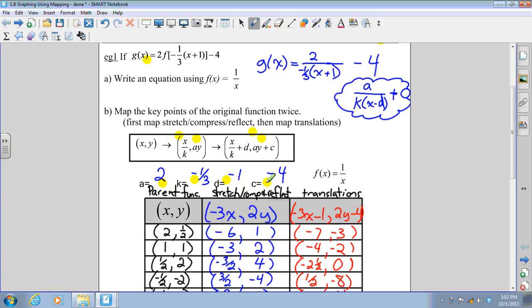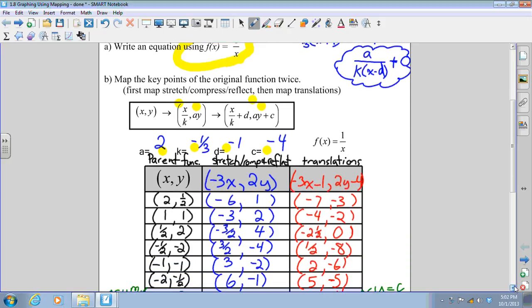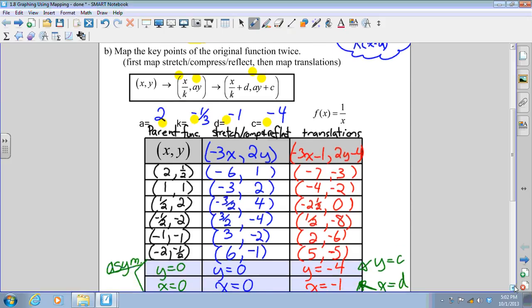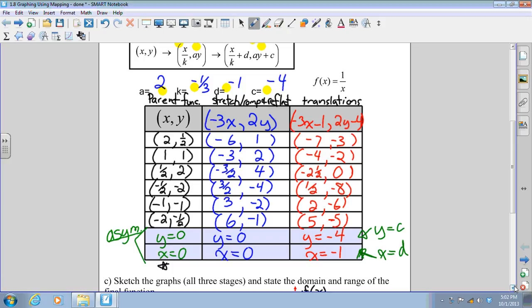All we need to do now is take a parent function. So for example, we're going to use the reciprocal function here, okay? And we are going to then map these 3 different sections. Each category, folks, or each color, will be a different graph that we're going to use. So I would recommend when you're doing this, folks, that you use 3 different colors to help us out.